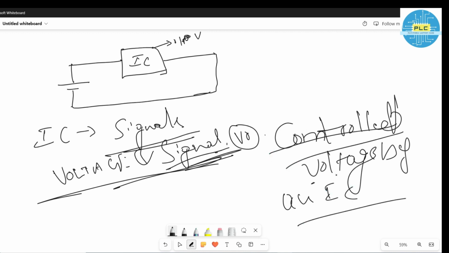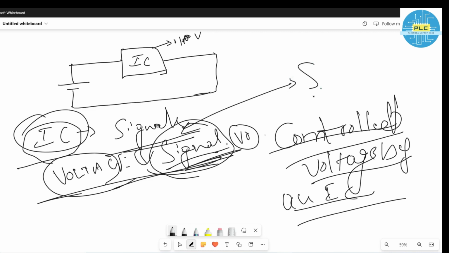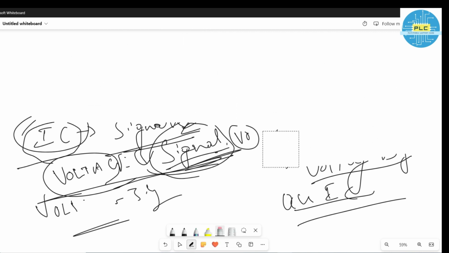This is the major difference. The controlled voltage is nothing but signals. Now you understood what voltage and signals are. Again I will come back to this, just remember those words.